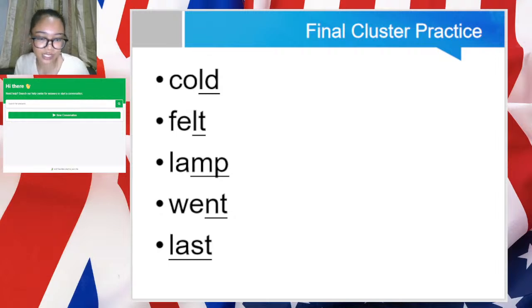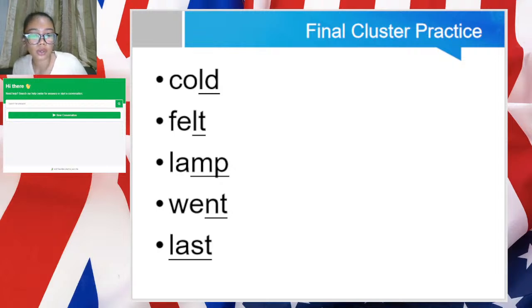Excellent work. Very great job today, everyone. So here we focused on different consonant clusters, may it be located in the initial part of the word or considered as final consonant clusters. It is very important, everyone, that you focus on these sounds because it will really help you in the long run, especially when we are talking about pronunciation in English.